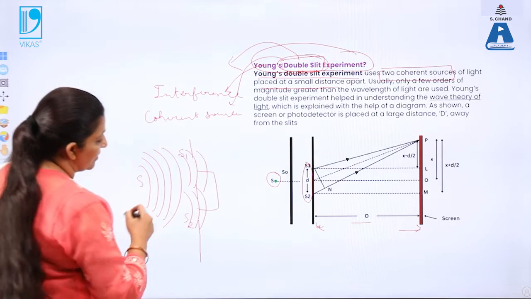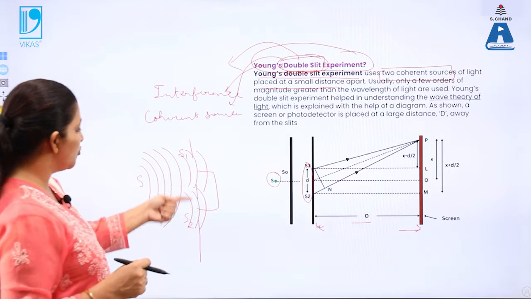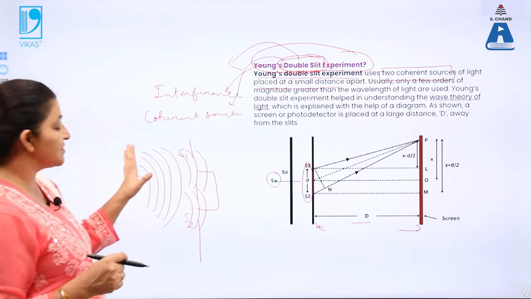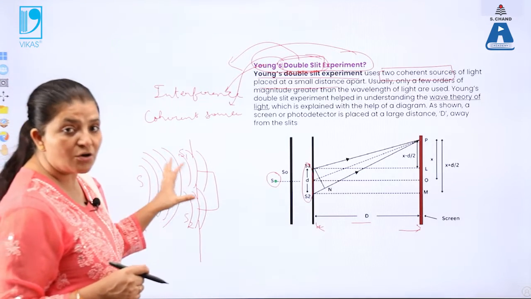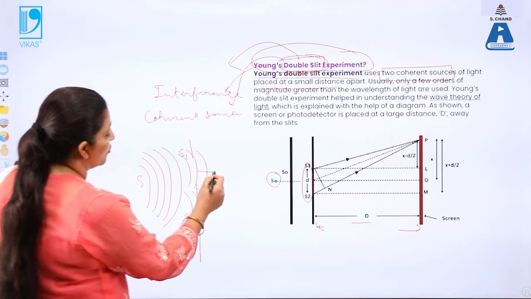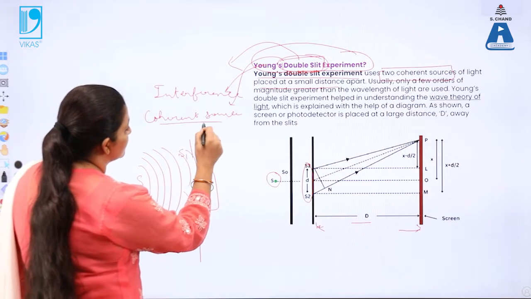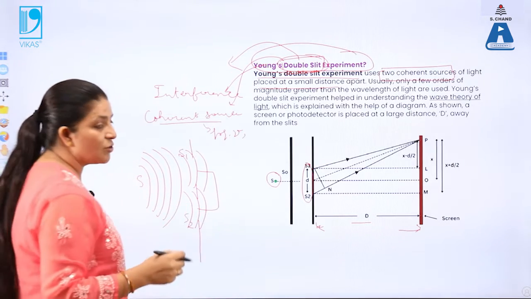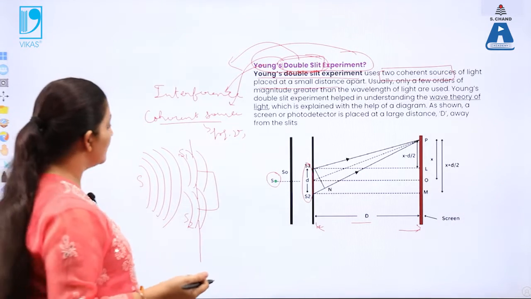Here the frequency of these 2 wavelets will be the same. This is the first condition for coherent sources. That means for coherent sources, the frequency of both the sources will be the same, and also the wavelength will be the same.